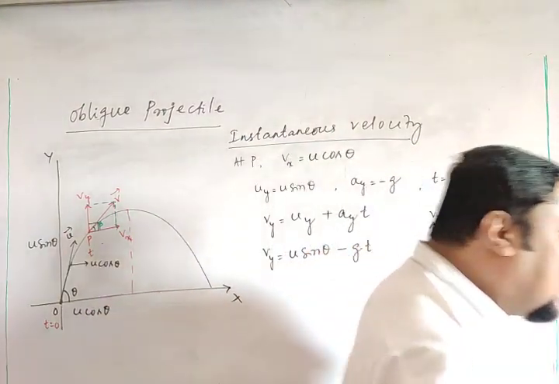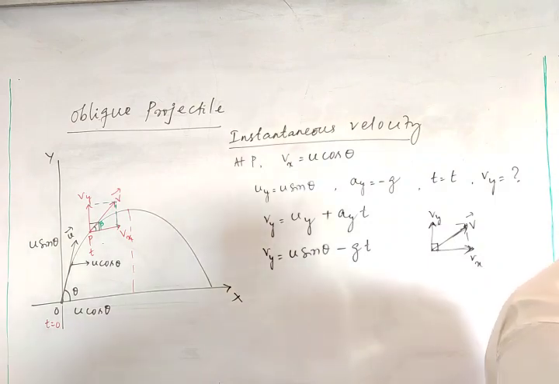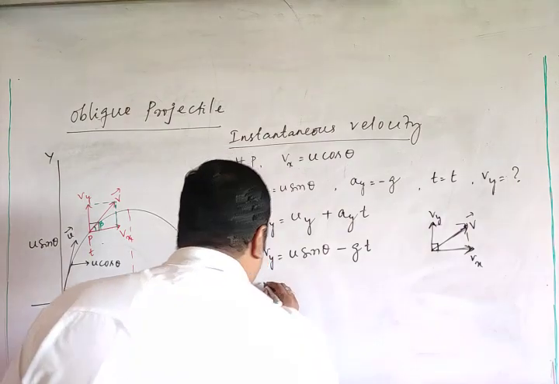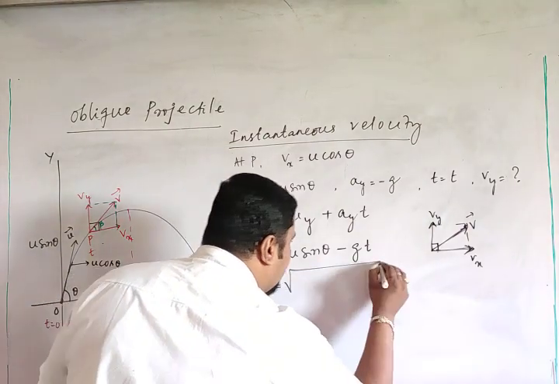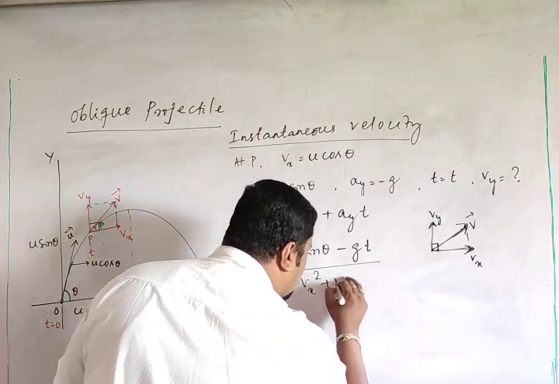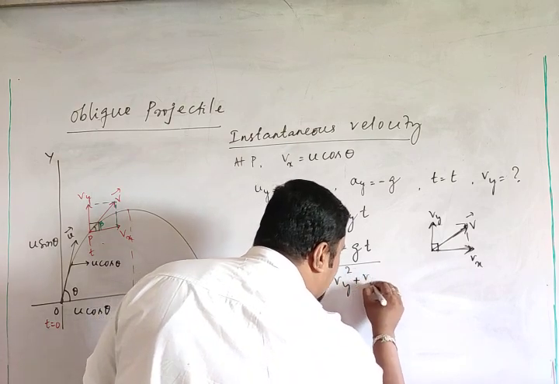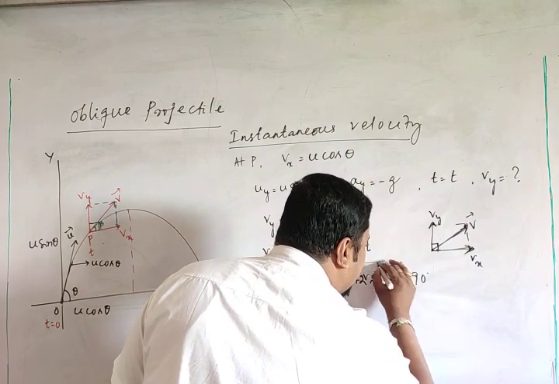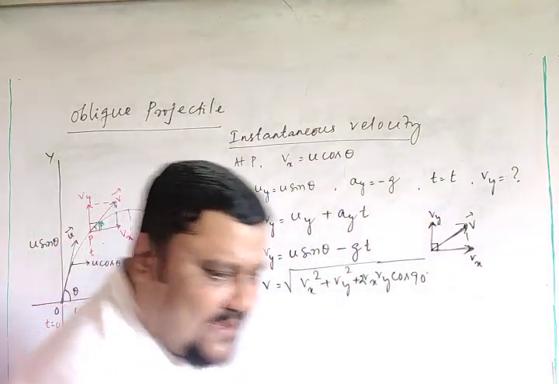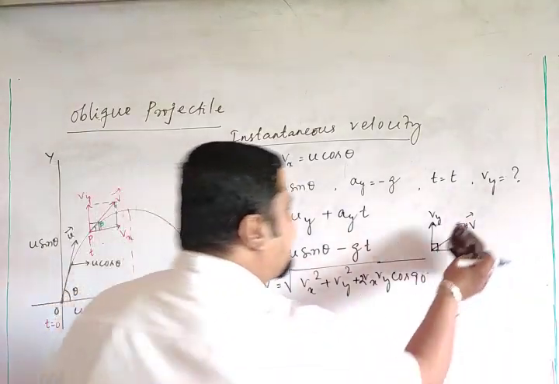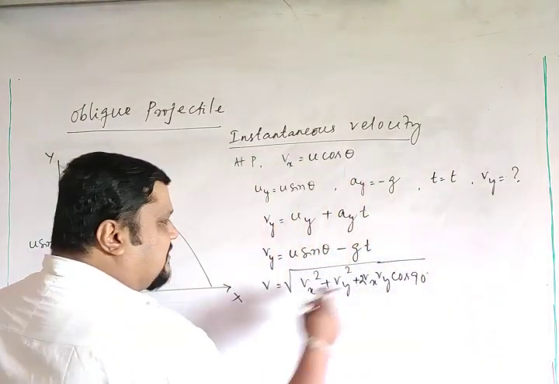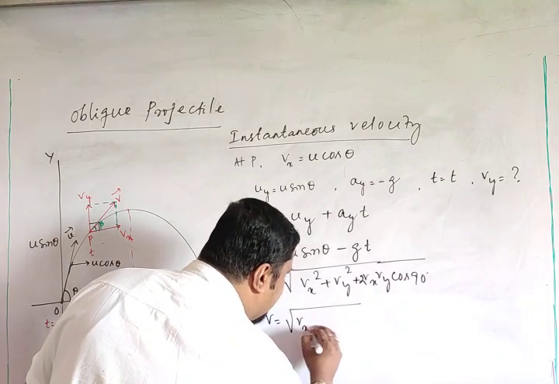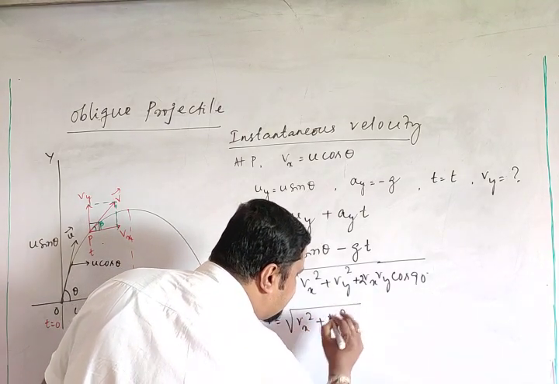As you know, if you apply the parallelogram law of vector addition, then v is equal to root over vx square plus vy square plus 2 vx vy cos 90. The angle between vx and vy is 90. Already you have derived this, so I am writing it again. In this part cos 90 is equal to 0. So v is equal to root over vx square plus vy square.